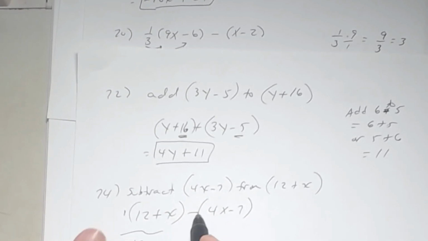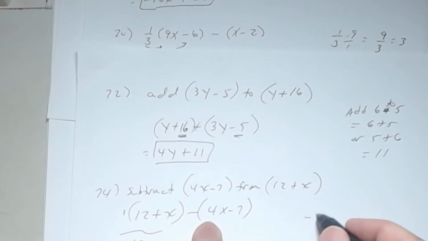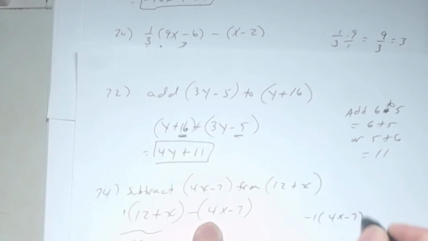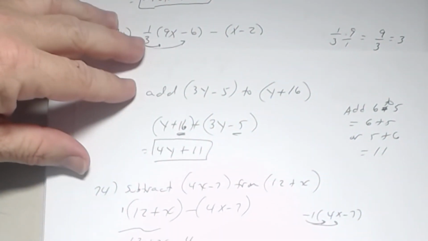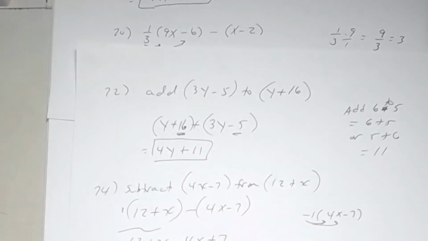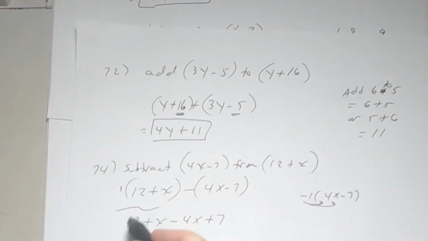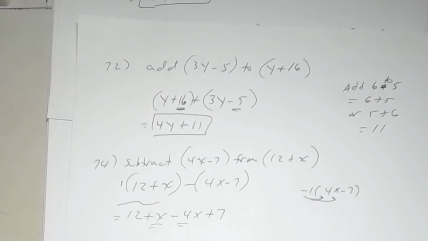12 plus x. Now here, that goes back to our previous problem we had earlier. What are you going to distribute here? -1, because this right here is really this. And so when I distribute, what do you get? Plus 7, because a negative times a negative is a positive. And so therefore, what's x and a negative 4x?